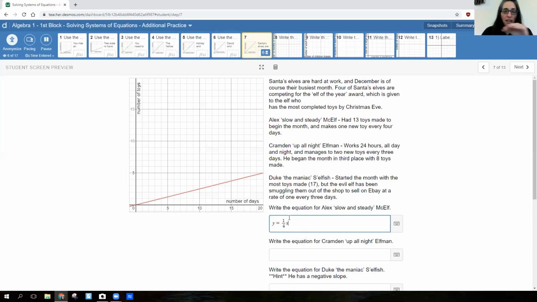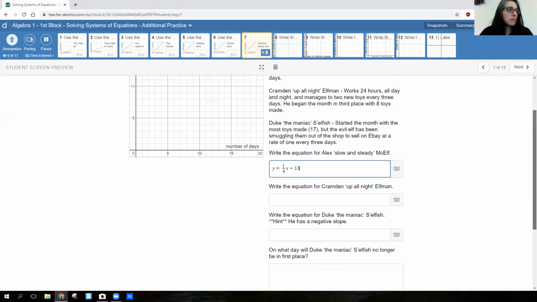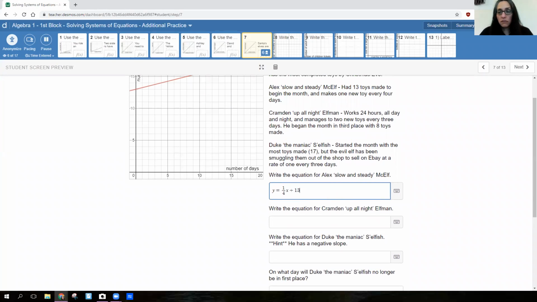One toy every 4 days. We don't want to say 4x because that would be like 4 toys a day. That'd be crazy fast. He did have a head start though. He had 13 toys to begin with. So put plus 13. Good. All right. The next one.